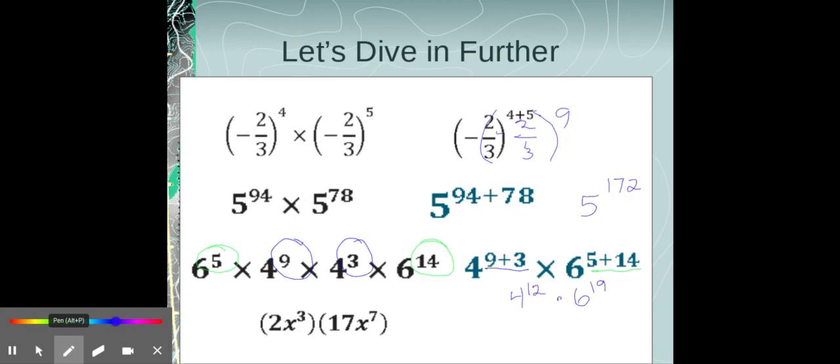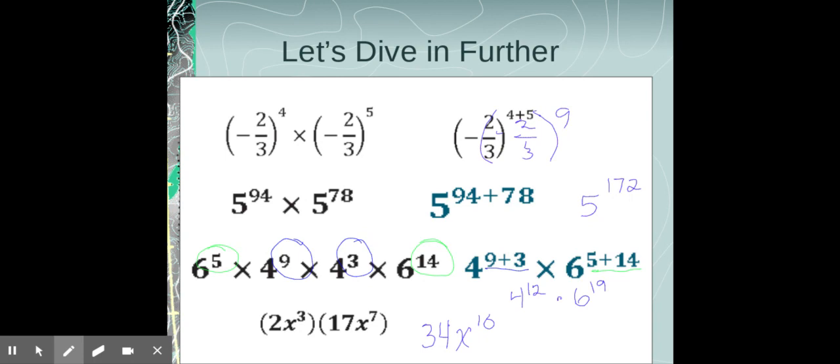And you absolutely do. So you end up with x to the 10th. The question is what do you do with the 2 and the 17? Well, you just simply multiply them together. 2 times 17 gives you 34. So this comes out to be 34x to the 10th.